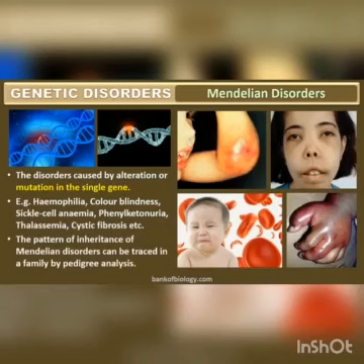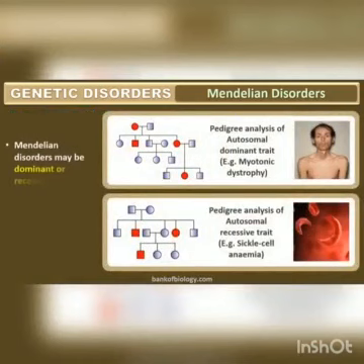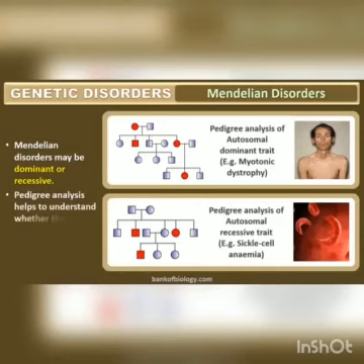The pattern of inheritance of Mendelian disorders can be traced in a family by pedigree analysis, that means by family tree. These Mendelian disorders may be dominant or recessive. Pedigree analysis helps to understand whether the trait is dominant or recessive.